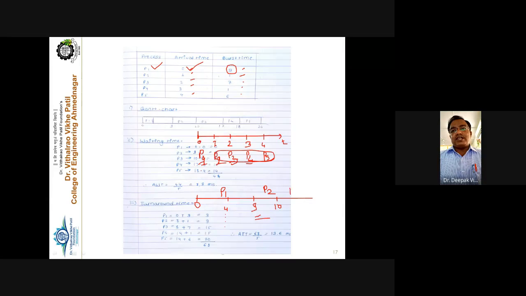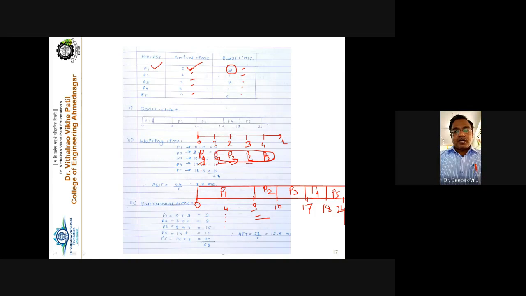Then P3 is taken; its execution time is 7, so 10 plus 7 is 17. Then P4 executes for only 1 millisecond, so 18. Finally P5 executes for 6, so 18 plus 6 is 24. This is the way we draw the Gantt chart for the FCFS policy.